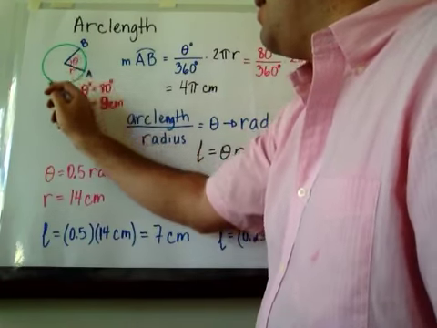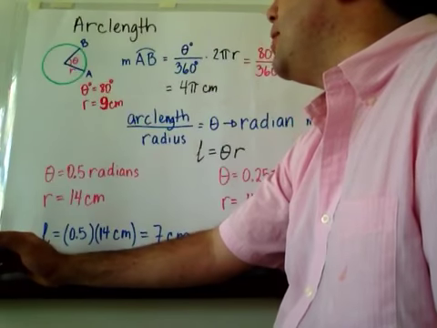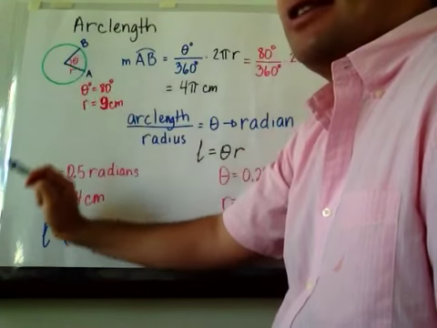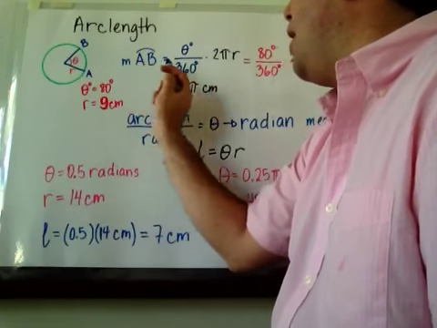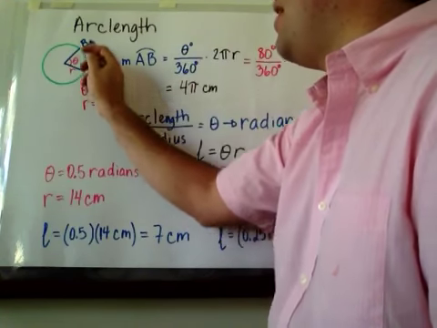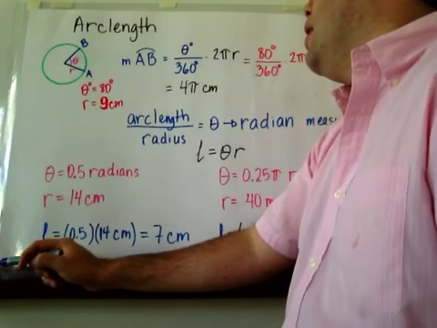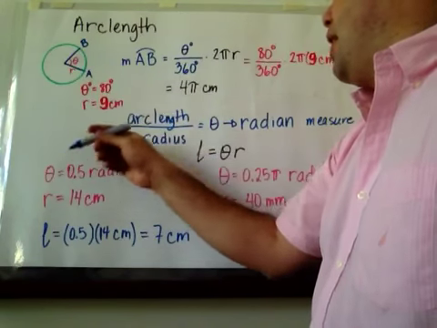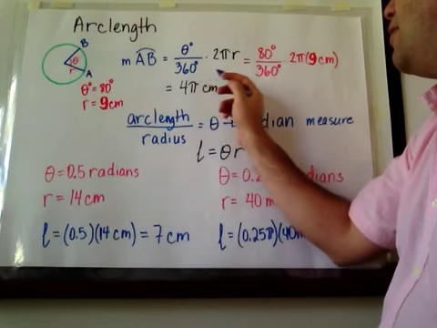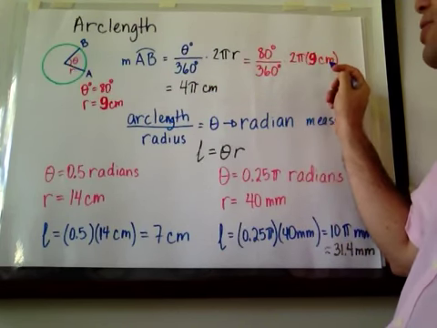So the arc length is simply part of the circumference, the proportional part, whatever the angle is over 360 degrees. So the arc length is the angle over 360 degrees times the entire circumference, which is 2 pi r. In our particular case, that would be substituting theta for 80, and 360, and the radius for 9 centimeters.